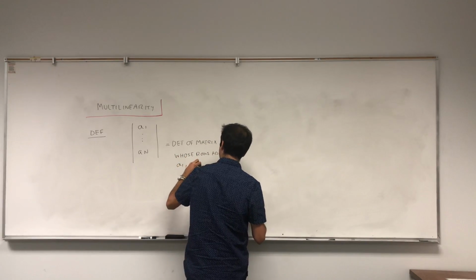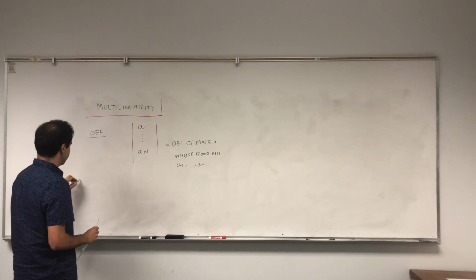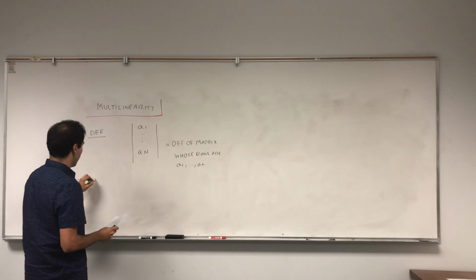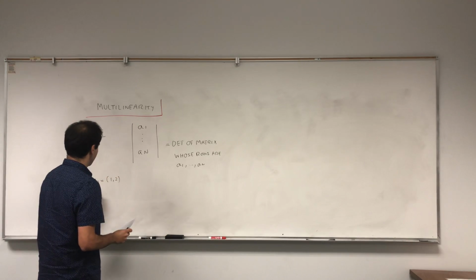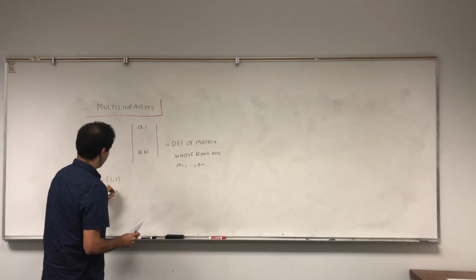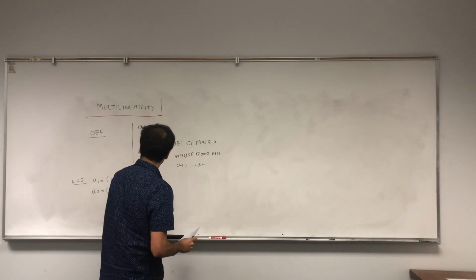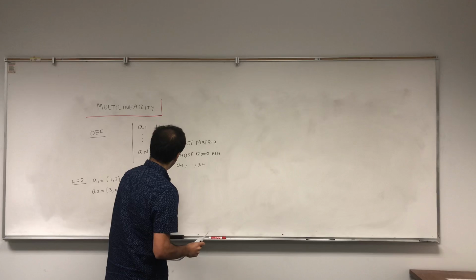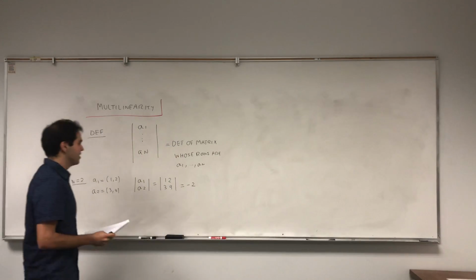Just to illustrate, in the case n equals 2, if A1 is 1, 2 and A2 is 3, 4, then the determinant of A1, A2 is the determinant of 1, 2, 3, 4, which is minus 2 in this case.